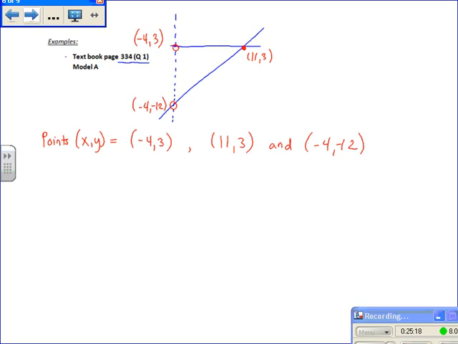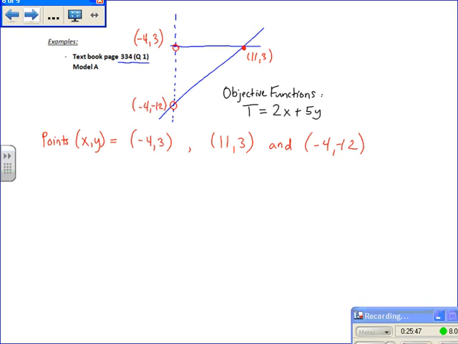And we're also given the objective function, and this is important, so I'm going to write this up here. The objective function is always an equation that relates your variables, x and y, to the thing that needs to be maximized or minimized. In this case, the objective function you're given is T equals 2x plus 5y.